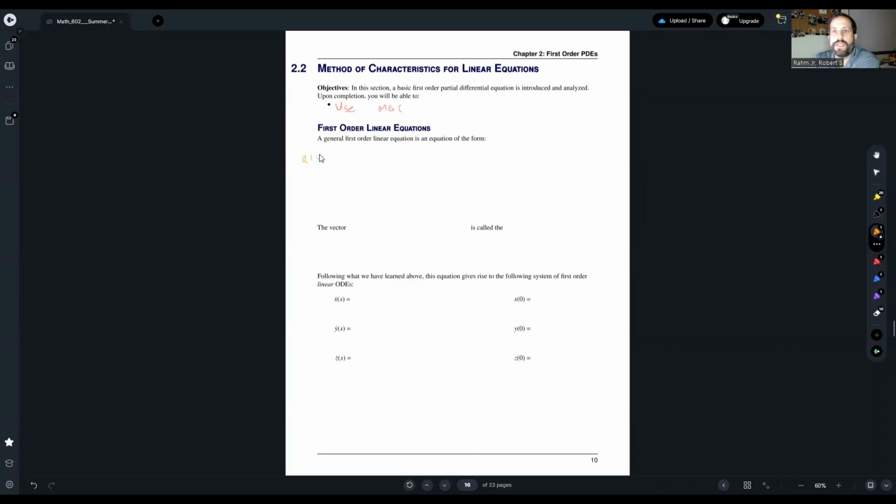You've got some known function, a of x y, times the partial derivative of u with respect to x, plus b of x y times the partial derivative of u with respect to y, is equal to another function, c of x y times u, plus another function, d of x y.